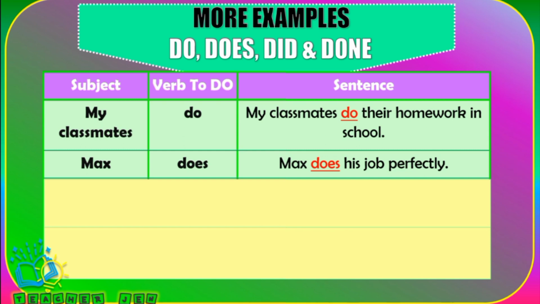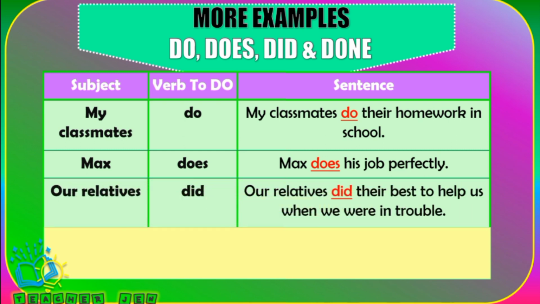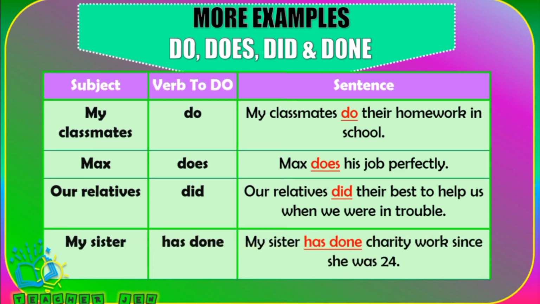Our third example is, our relatives did their best to help us when we were in trouble. Here the subject is our relatives. It doesn't matter if it is singular or plural because it is talking about a past event, so we must use the verb did. The last example is, my sister has done charity work since she was 24.